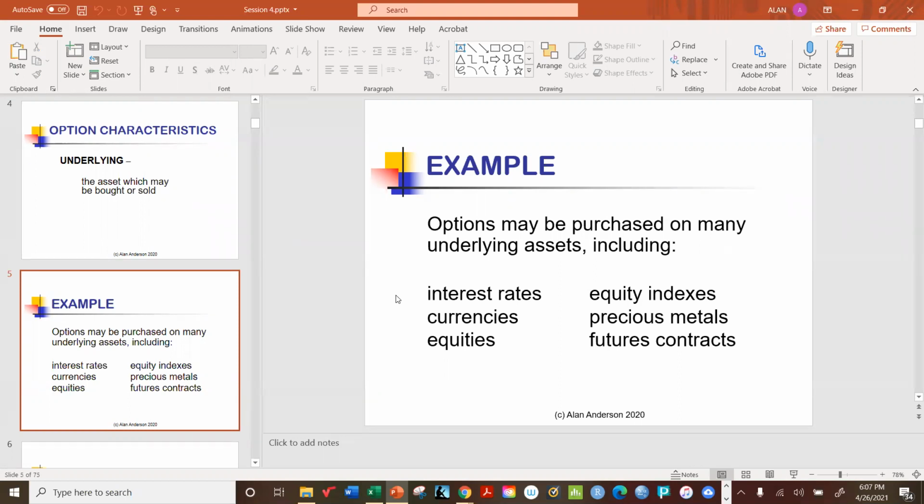So for example, you could buy a futures option on the British pound. What the option gives you the right to do is not buy the pounds, it's the right to enter into a futures contract written on the British pound. And once you exercise this option, you will take possession of a futures contract, which you can then use as you see fit.